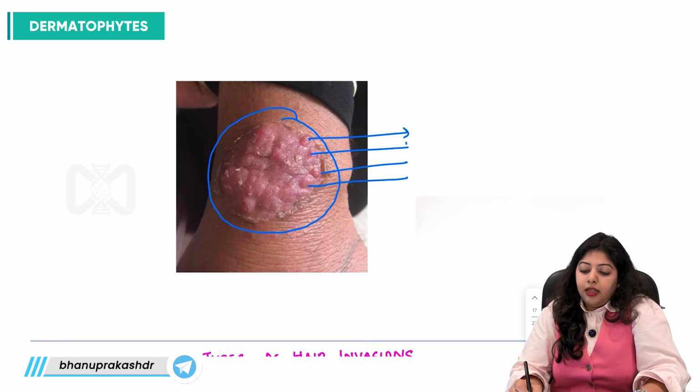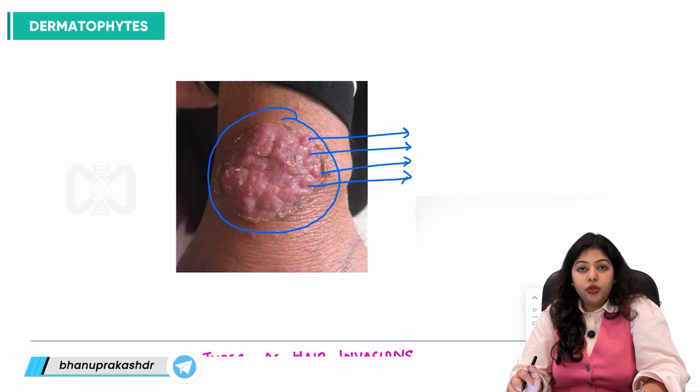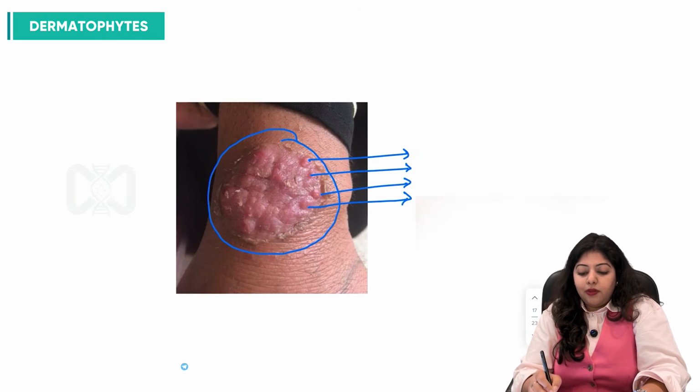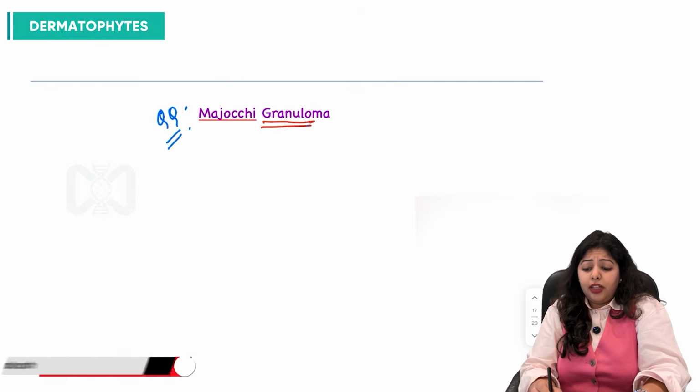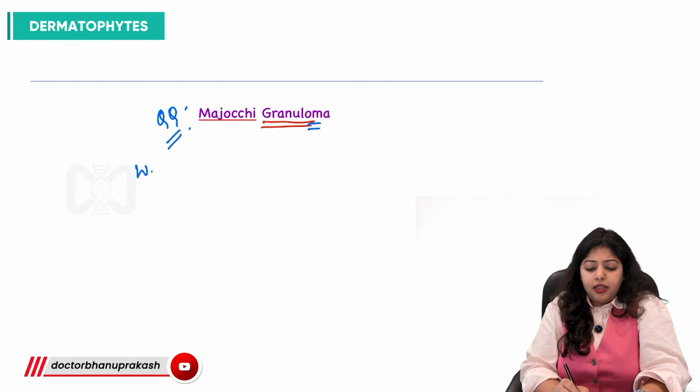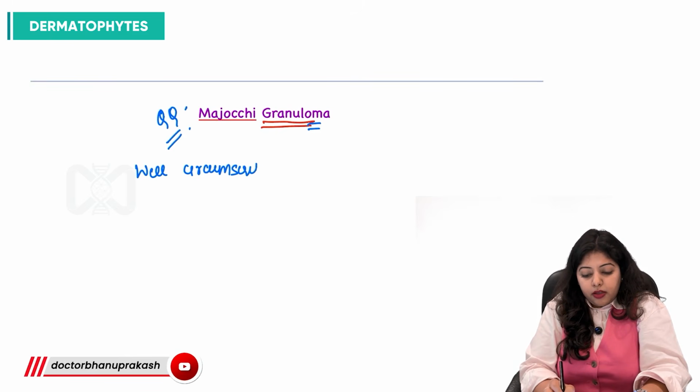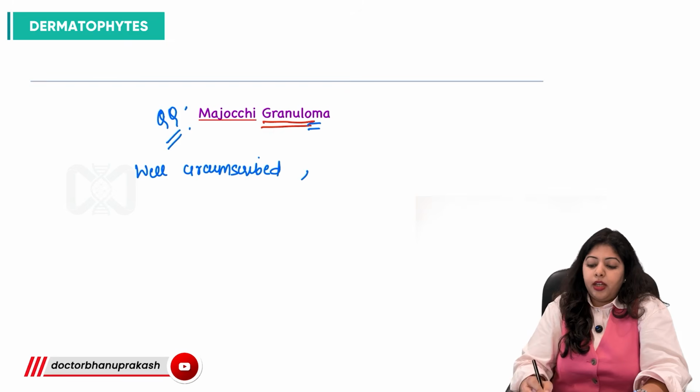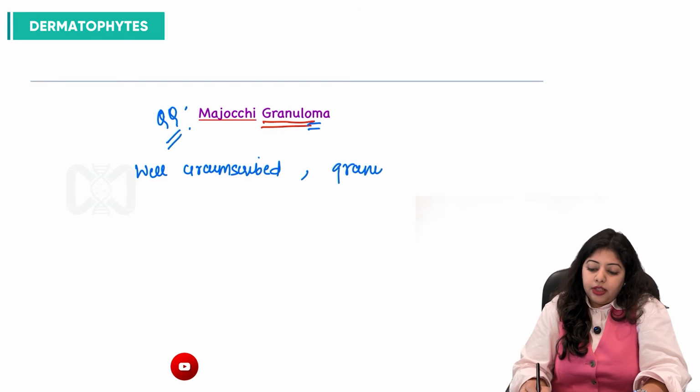There can be multiple papules and nodules, and this is well demarcated, well circumscribed granulomatous lesions.